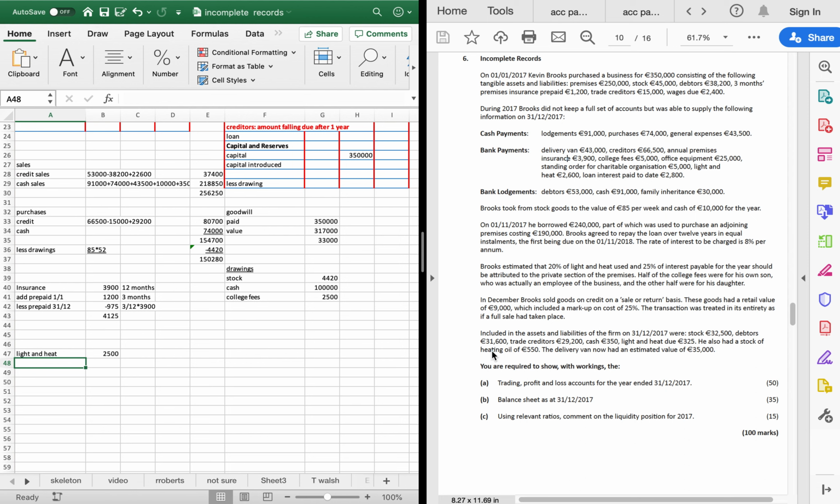So at the end of the year, you have a light and heat due of 325, which you would add on. On top of that, we also have a stock of oil, which you always take away stocks of oil at the end of the year, or stocks of anything. So the stock of oil at the end was 550, so that gets taken away, and that gives you the light and heat used.